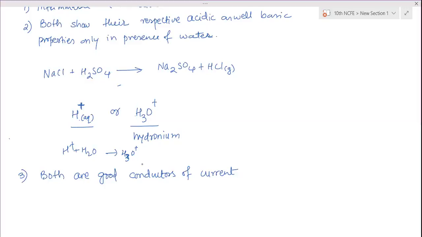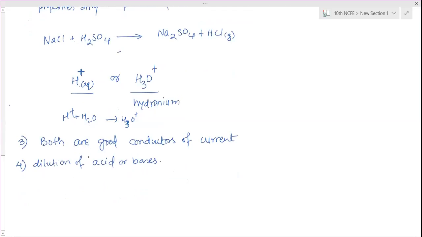Then next is the dilution part. Dilution of acids or bases. What precaution has to be taken while diluting an acid or base? Water should never be added to acids or bases. So what should be done then?